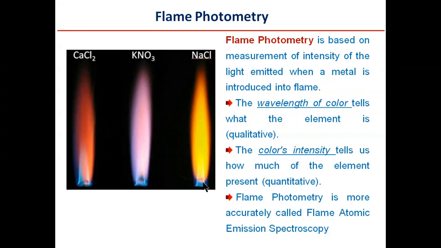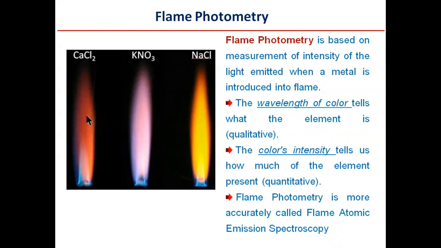Similarly, other elemental salts, for example KNO3, potassium, impart their own color, and calcium, and so on. So let us see what is the basis of these colors the moment we spill the salts into the flame. On this basis we have a spectroscopic technique for the determination of important elements in various samples.